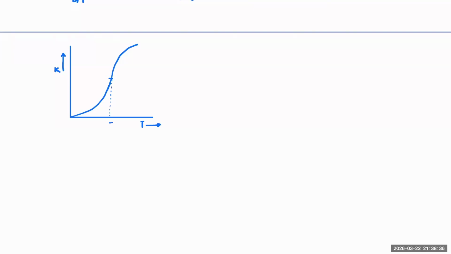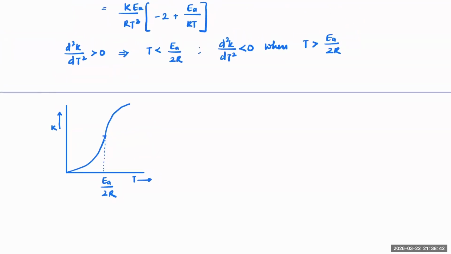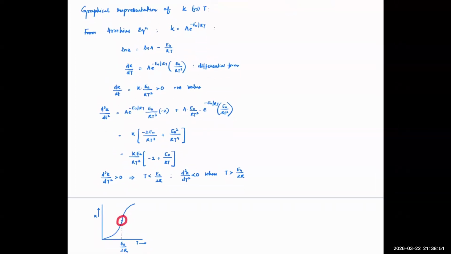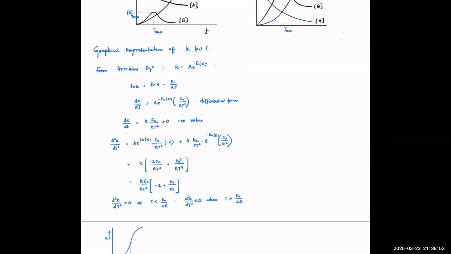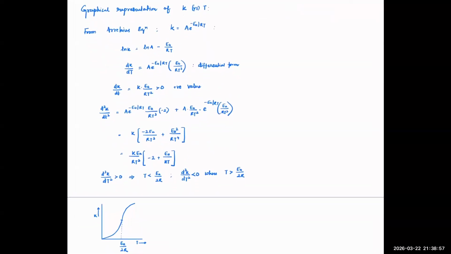So at the point of inflection, the value will be EA by 2R. So remember, the K increases with temperature, correct? But how does it increase? This is the way it will increase. Clear, everyone? So this is a basic differentiation only. I do not think we should have much problem about it. So please check it out. If anybody has a problem still, please let me know.